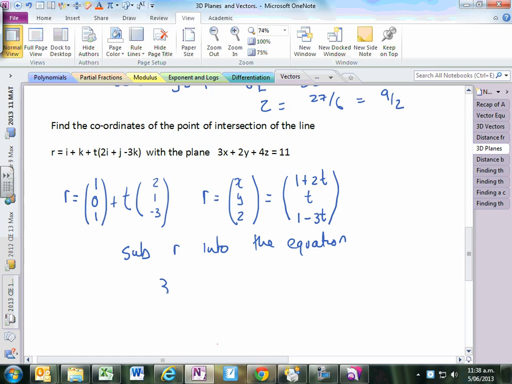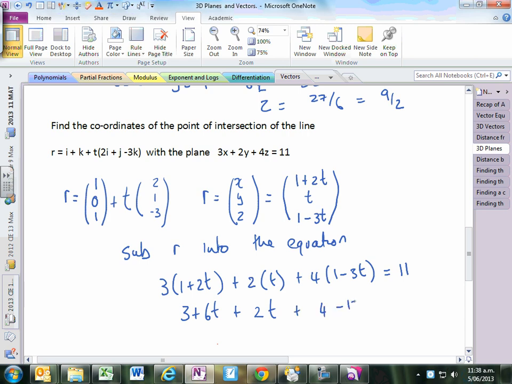So I'm going to have 3 times (1 plus 2t) plus 2 times t plus 4 times (1 minus 3t), and all of that has to equal 11. As Ray says, we've got an equation in terms of t. So we can say 3 plus 6t plus 2t plus 4 minus 12t is going to equal 11.